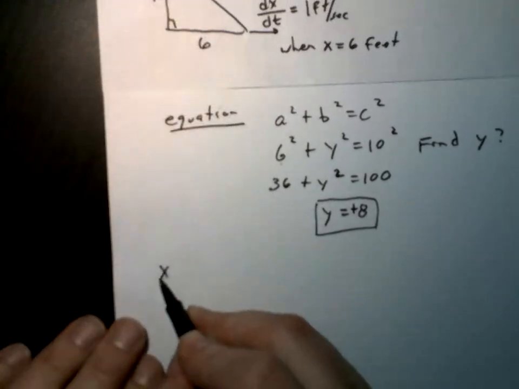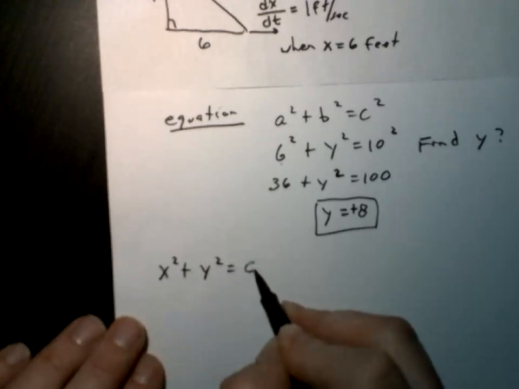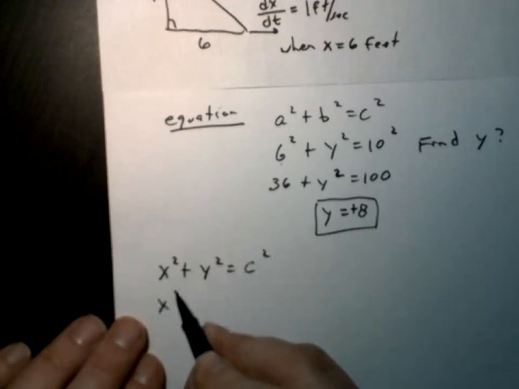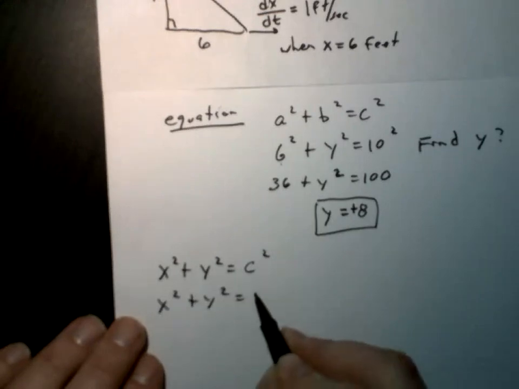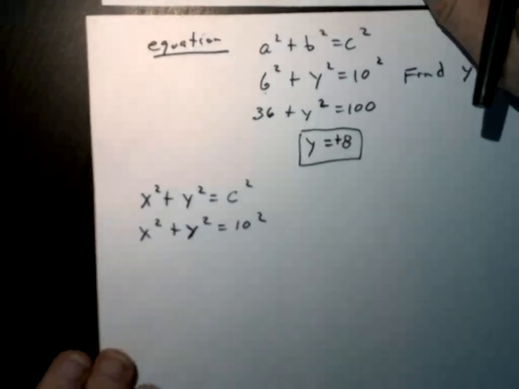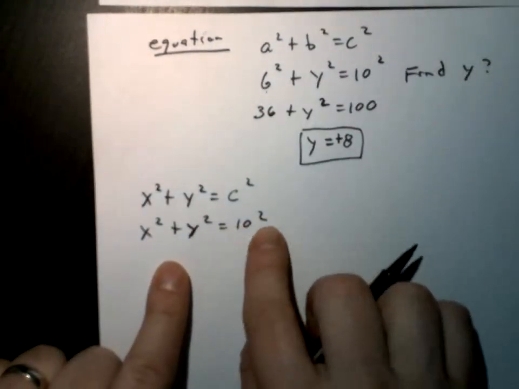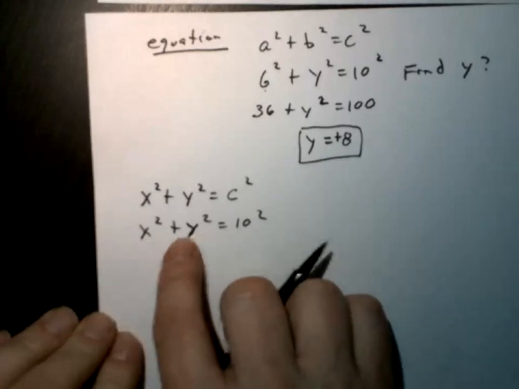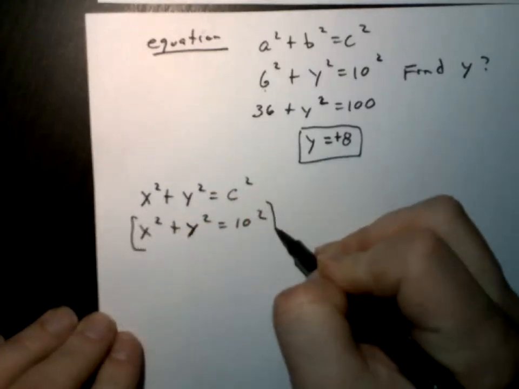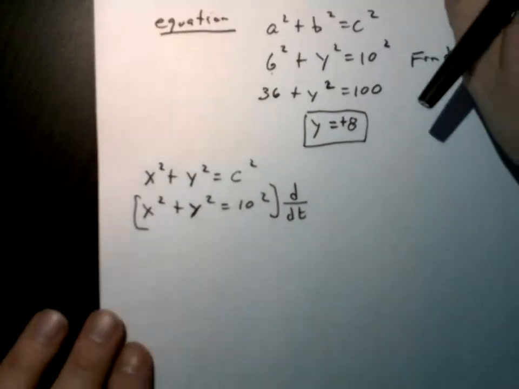Let's put that back where it says c, but really, remember, this is x, y, and this is 10. So we can just substitute that back in. Well, you know what that is. That's the ladder. And we need to differentiate these both with respect to t.